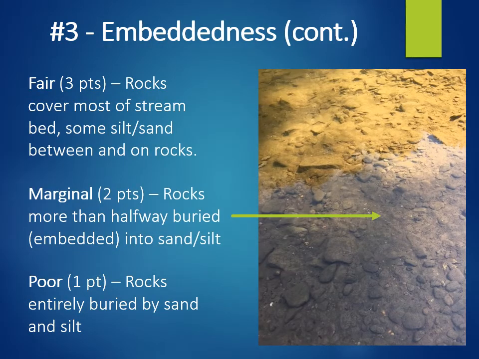As the rocks on the stream bottom become more covered with sand and silt, our ratings decrease. In the photo, you can see that rocks are about half covered with silt, giving that stream a marginal rating for embeddedness. If the rocks were completely buried in sediment, the stream would be considered poor for this habitat consideration.